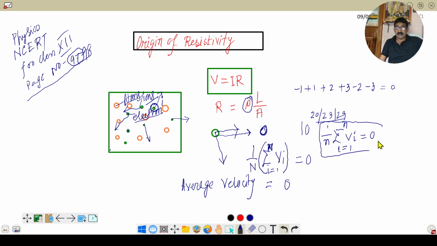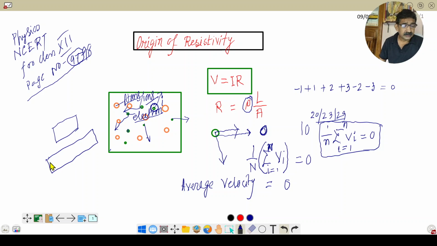But this condition is applicable only when this conductor is kept in normal condition. What is normal condition? That means suppose there is a specimen of iron that is taken for our experiment, a specimen of iron or specimen of copper.